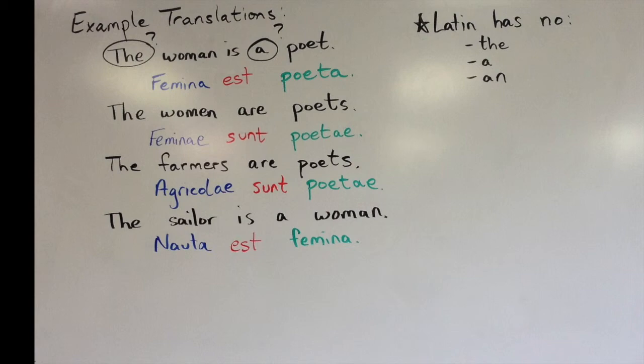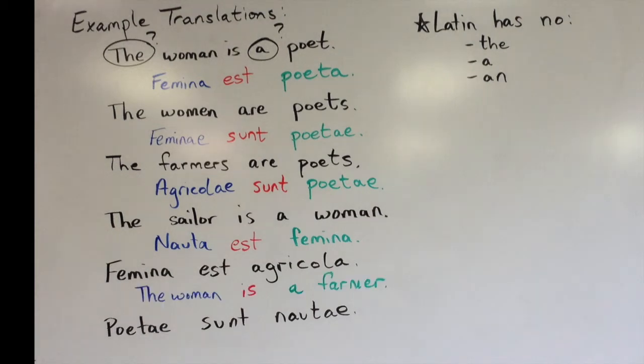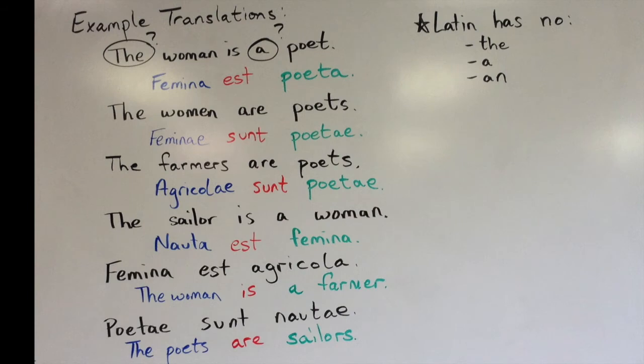Let's try the other way from Latin into English. Write down in your notes the sentences femina est agricola and poetae sunt nautae. Pause and take a second to translate these on your own. If you translated them correctly, you should have gotten the woman is a farmer and the poets are sailors.